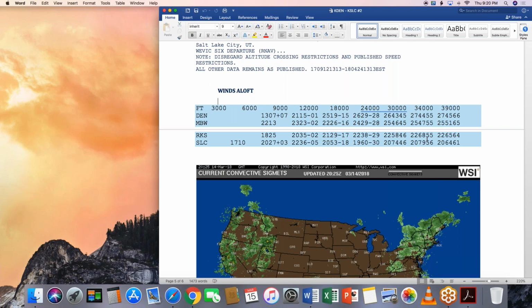Negative 65 is to the left of negative 63. If we move in that direction, that is a negative direction. So our ISA deviation at 39,000 feet right now is minus 2 degrees Celsius.